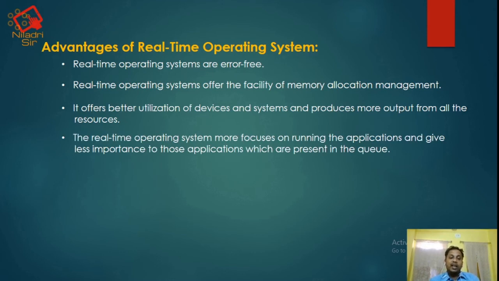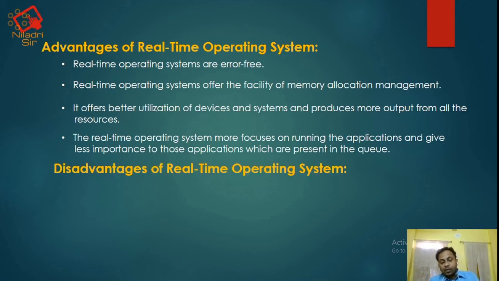The fourth one is that the real-time operating system focuses more on running applications and gives less importance to those applications which are present in the queue. So it mainly concentrates on what processes are running now, and gives less importance to the processes that will be executed next.